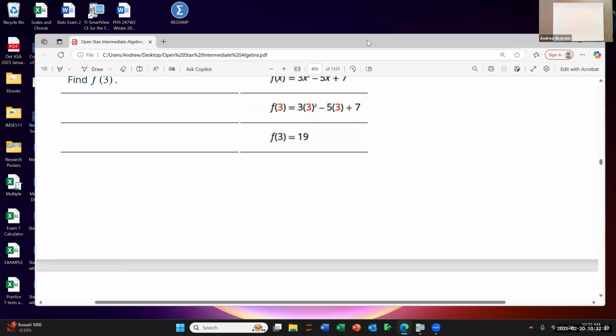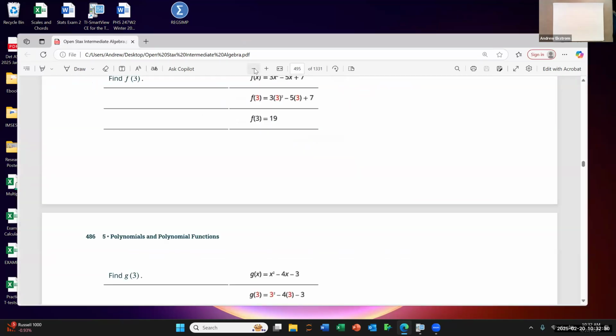One of the reasons for that is we have some options here.